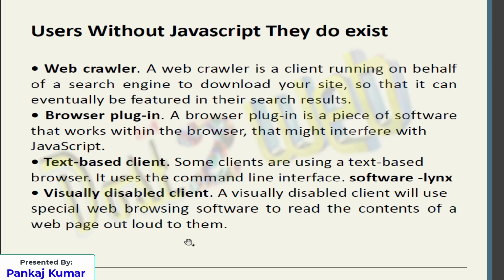Next, visually disabled clients. A visually disabled client will use a special web browser to read the content of the web page. So all of this will be defined without JavaScript.